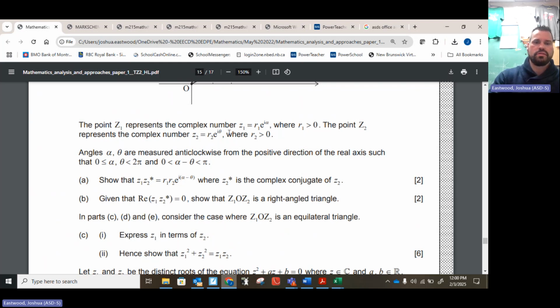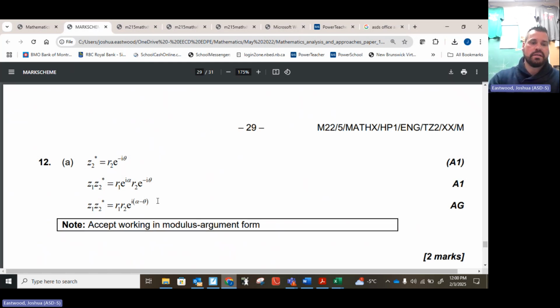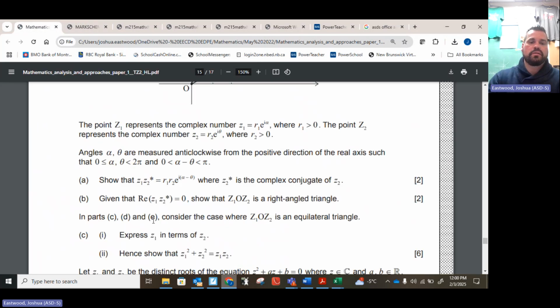If you take the conjugate, you just change the angle to a negative. So that's where that is coming from. And then if you're multiplying, you multiply the R values together, and you add the angles, but because one of the angles is negative, you get alpha minus theta. So that's where that first part comes from.